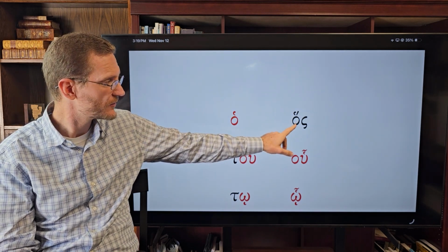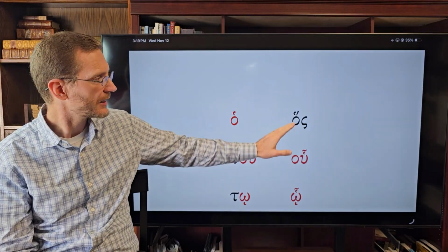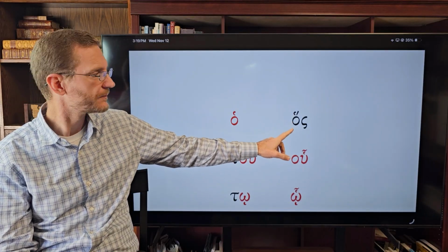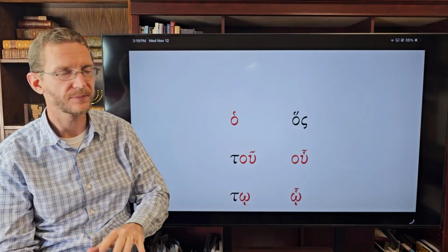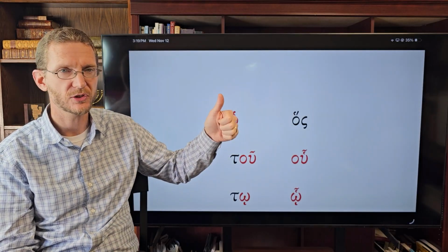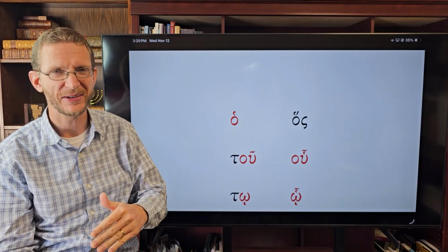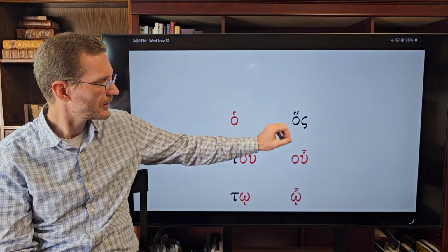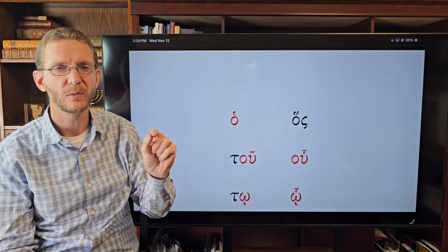You can see, first of all, it starts with an omicron, not an alpha or an eta, and that's a giveaway for a second declension. That means that this is either masculine or neuter, but because it's nominative, we know it's masculine and not neuter. So this is a masculine, singular, nominative, relative pronoun.